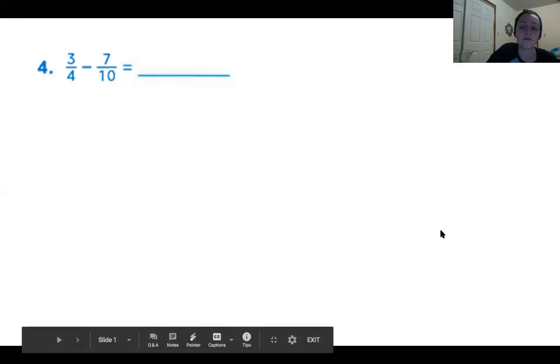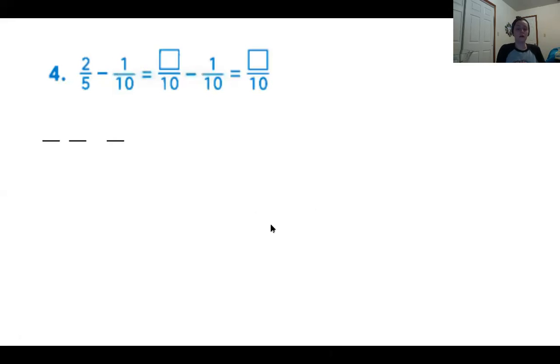Now we're going to look at another problem on day number 4. This problem also has unlike denominators, but the instructions for this page ask us to draw a model to help solve. So I'm going to teach you how to do that. If we look at our problem here, it has 2/5 minus 1/10.